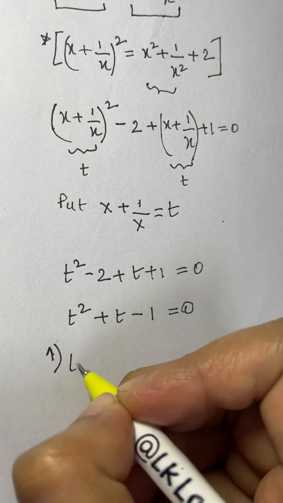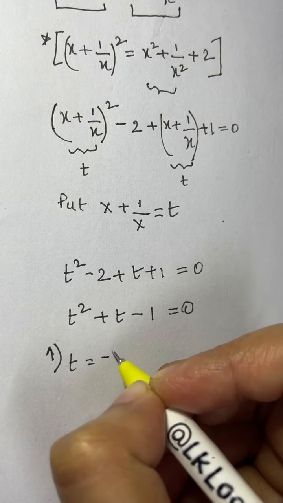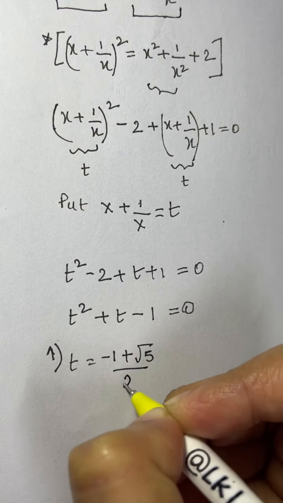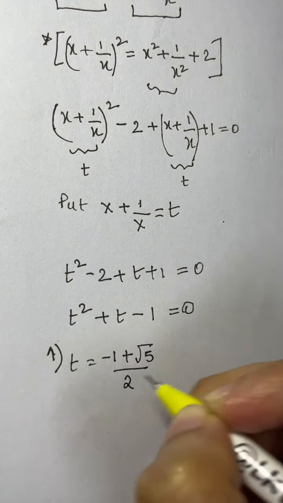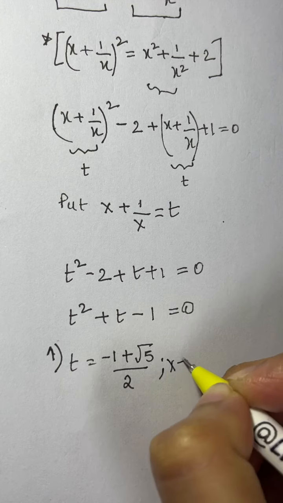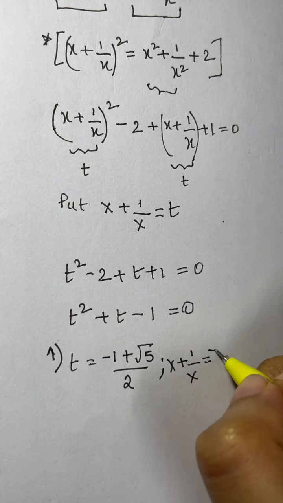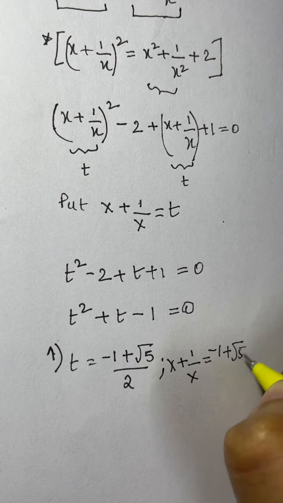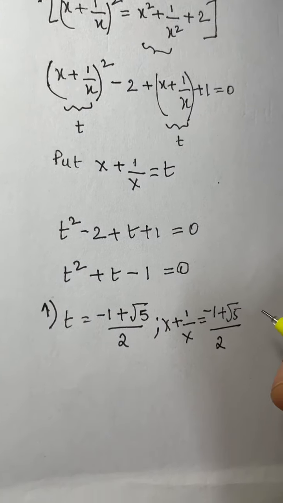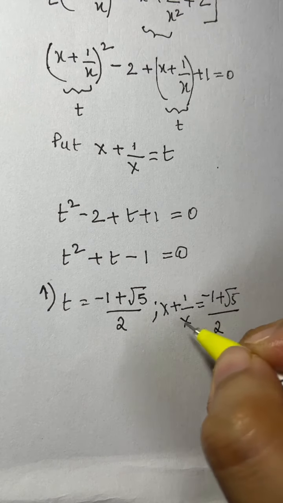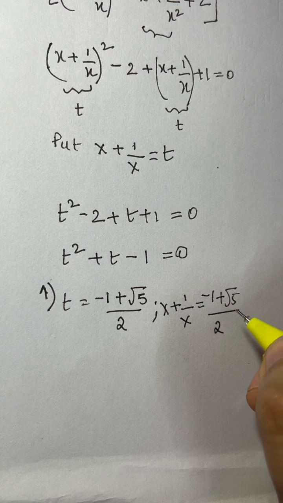So you're going to get the value of t as negative 1 plus square root of 5 over 2. So here that will be x plus 1 over x is equal to the same thing, minus 1 plus square root of 5 over 2. You can solve for this by multiplying both the left hand side and right hand side with x.